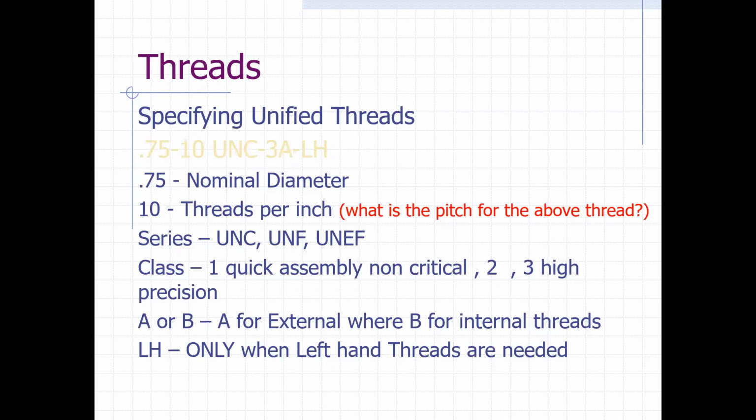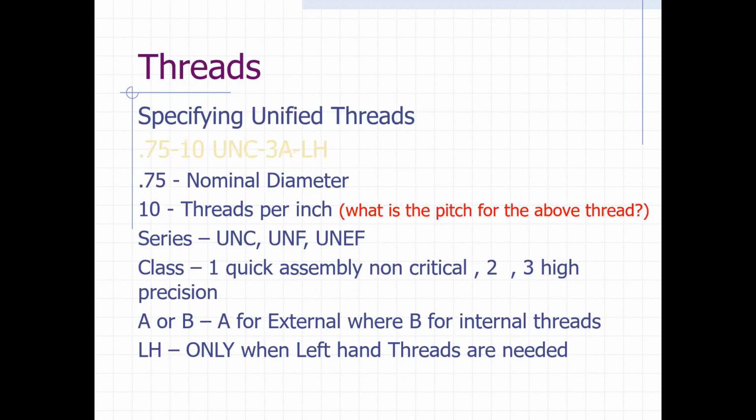If you were working on an assembly like an engine, those torque specs would be part of the specification, not necessarily of the bolt, but for that bolt in that particular application. And then here we've got the -LH, which means it's left-handed threads.